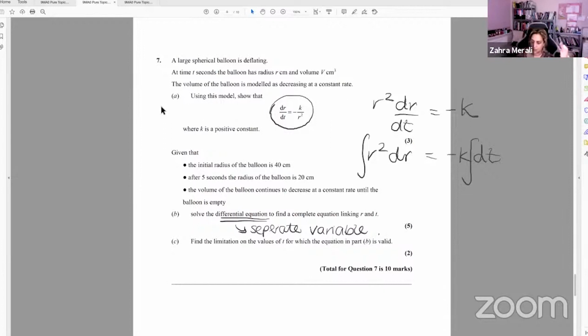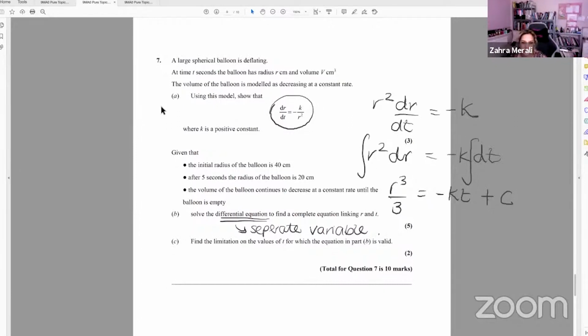So the left-hand side, when we integrate it, we're going to get r cubed over 3. The right-hand side will become minus kt plus some c. And now we're going to try to work out our k and our c using the information they've given us.